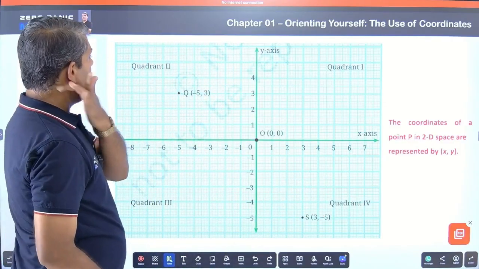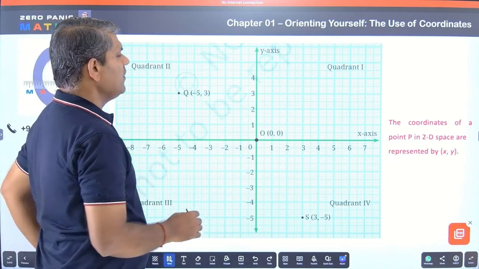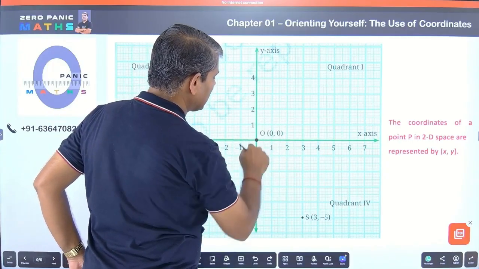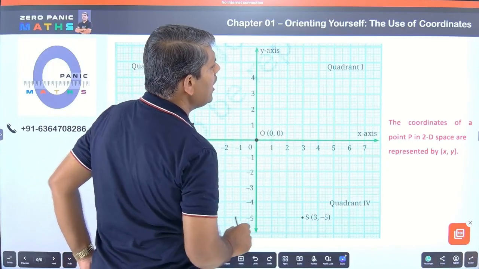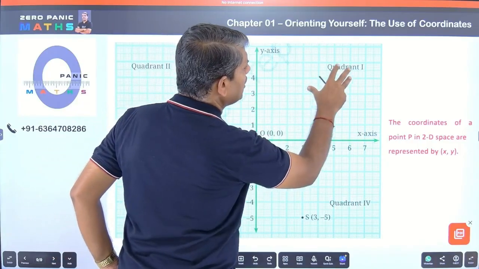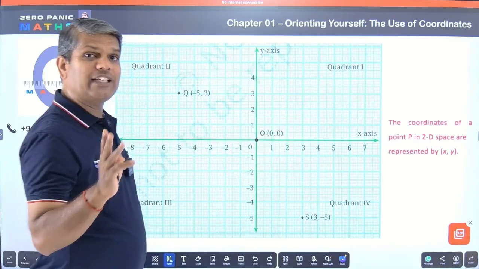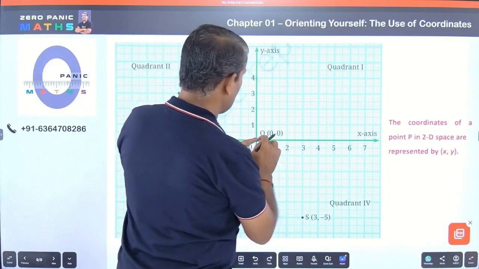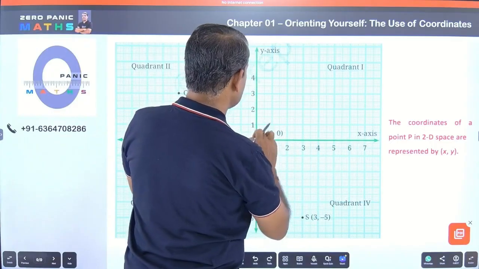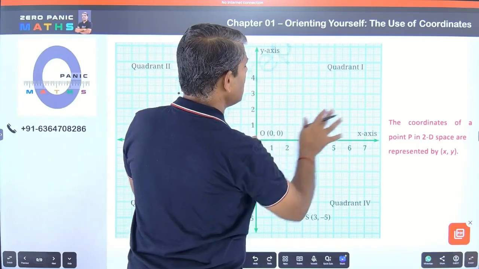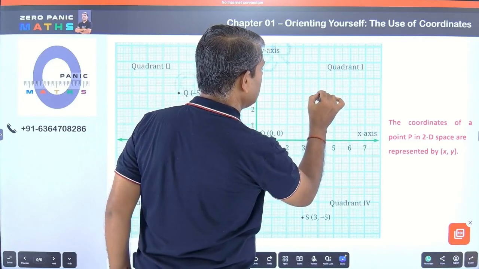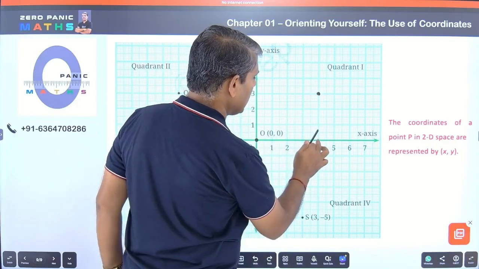Okay, see, if you observe something here, as the coordinate system intersects the x-axis and y-axis at 0 0, any point in quadrant 1 will have both x coordinate and y coordinate values as positive only, because you always represent a positive x-axis and positive y-axis. This part is positive x and positive y. Say for example, there is a point here. What is the x coordinate value?